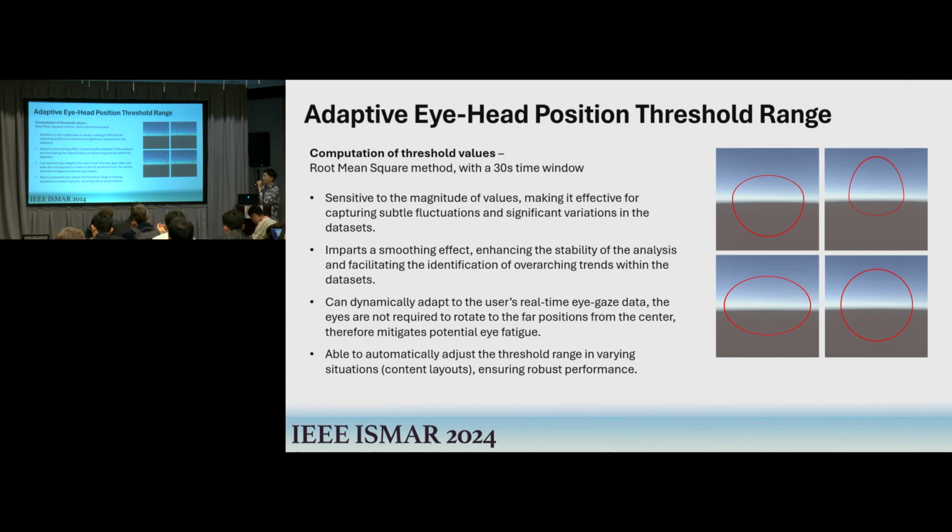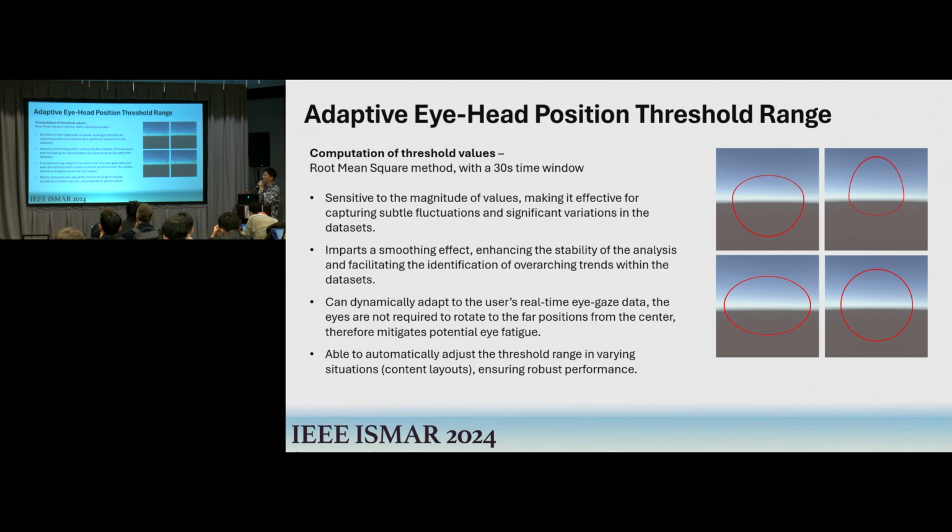Also, the system imparts a smoothing effect, enhancing the stability of the analysis and facilitating the identification of overarching trends within the real-time data. It can dynamically adapt to the user's real-time eye gaze data, and the eyes are not required to rotate to far positions, therefore mitigating potential eye fatigue.